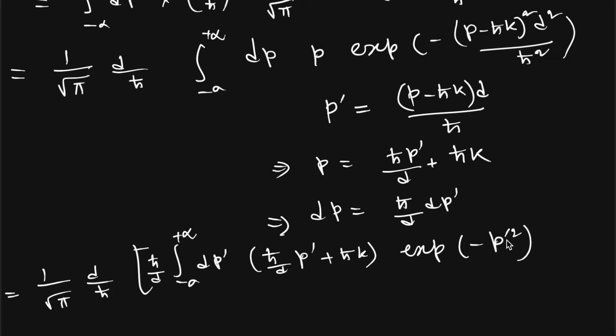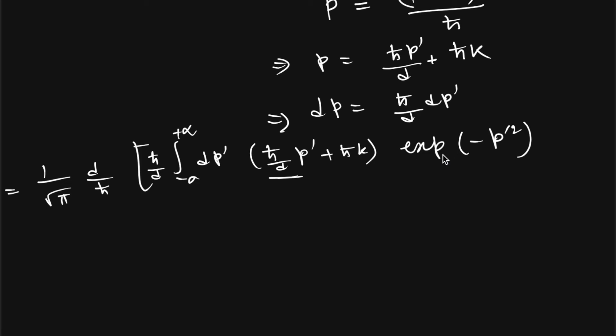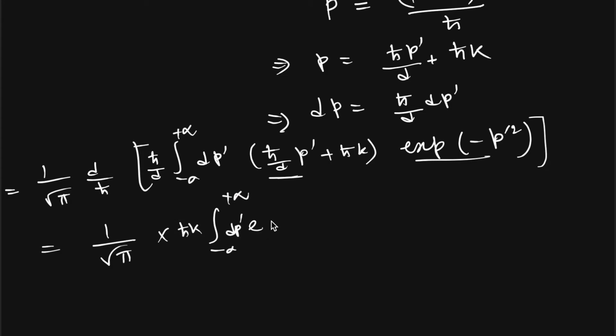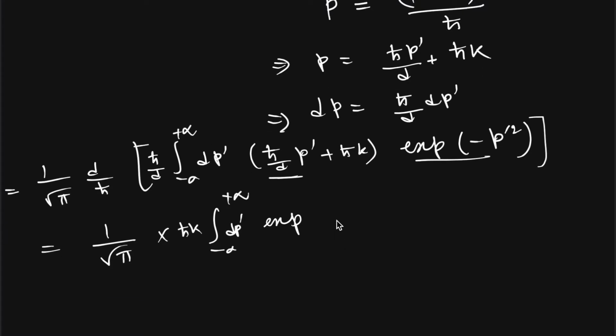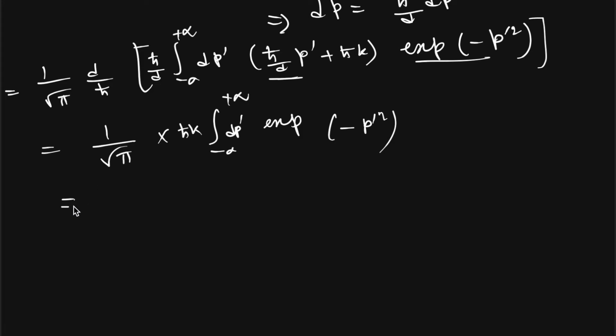And the first term, since this integral becomes odd, will contribute nothing, that means it becomes 0, so only h cut k contributes, with 1 by root pi. The integral of dp prime exponential of minus p prime square is gamma half, which is root pi.